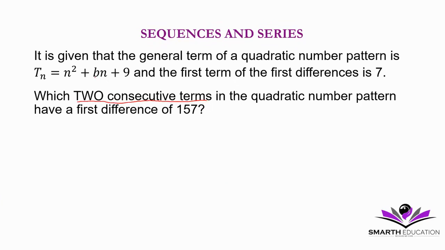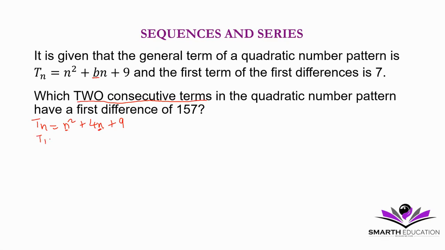So in the previous questions, we managed to find that b is equal to 4. So Tn is equal to n squared plus 4n plus 9. We also managed to find our T1, T2, T3 and T4 in the previous question. You just substitute 1, then 2, then 3, then 4.